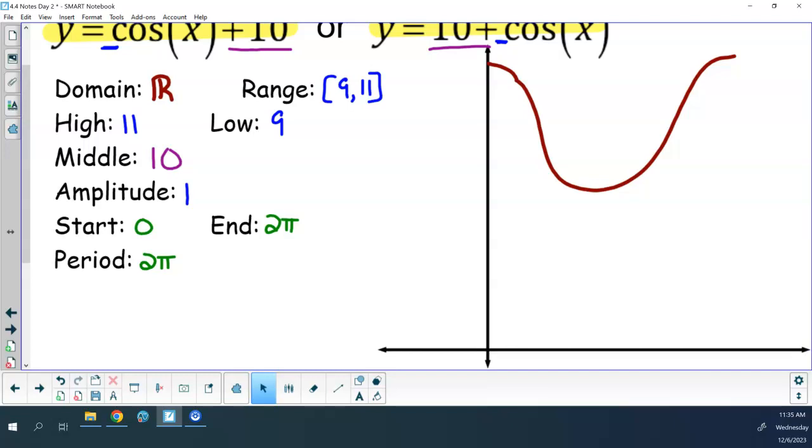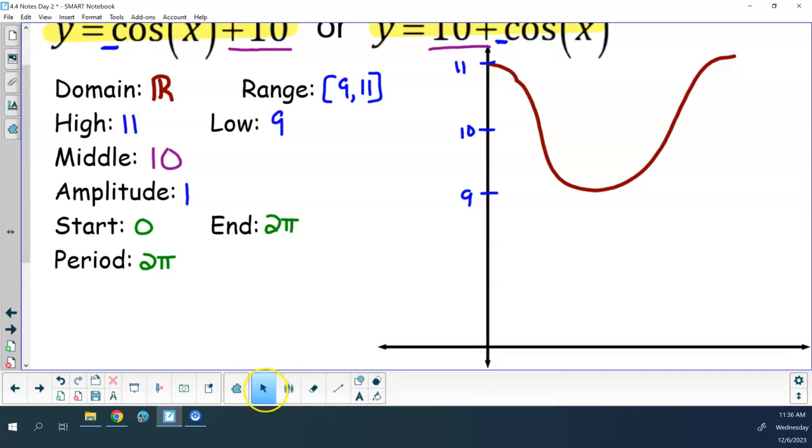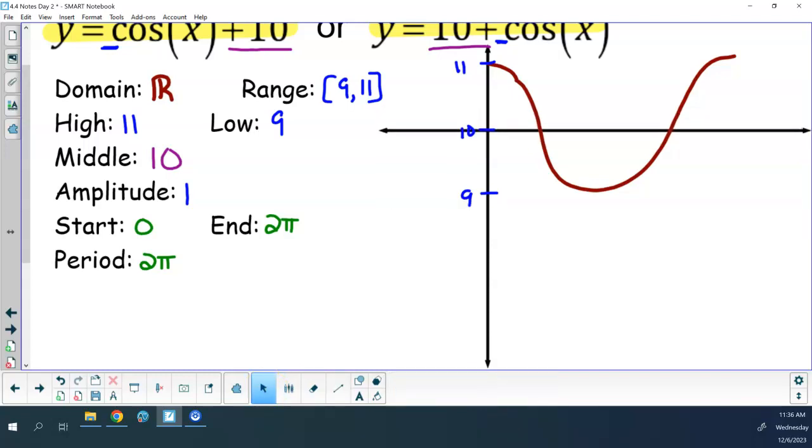Okay? Because now this is way down here at 9, my middle is 10, and my top, my high, is 11. So I wouldn't want to have this for it because that's not true.